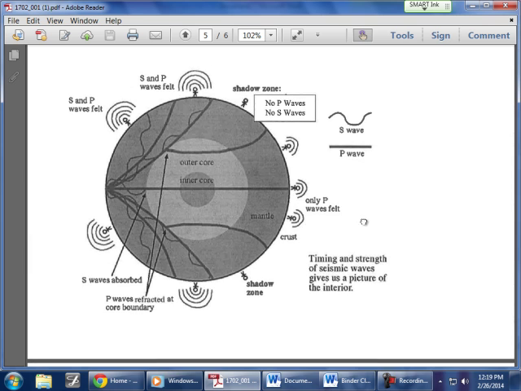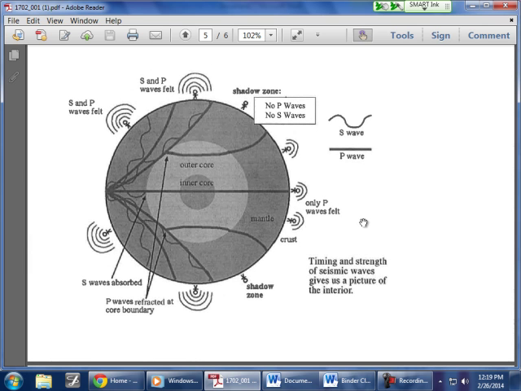Anyway, let's look at this diagram here, guys. So there's an earthquake here at the X. What's that called? The place where the earthquake happens? Okay, I'll just tell you. Epicenter. You guys ever heard that? Yeah. So go ahead and label that.